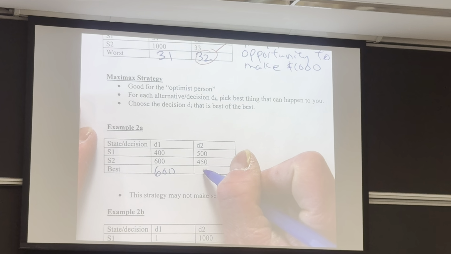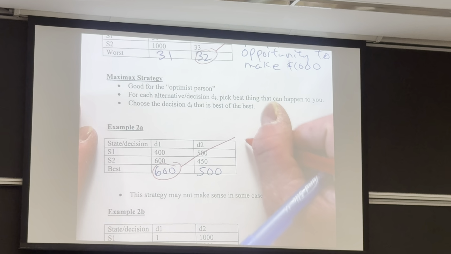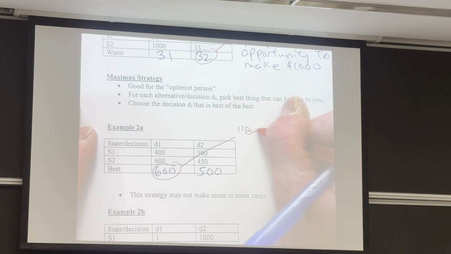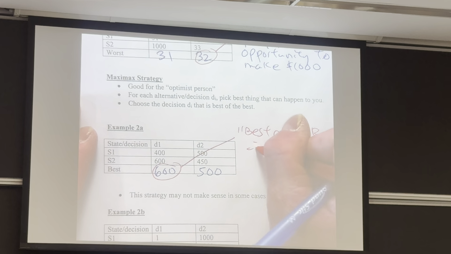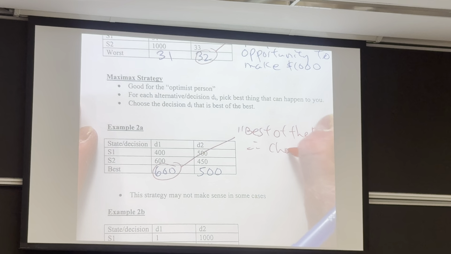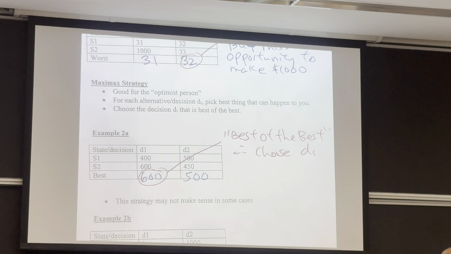Here, the best thing that can happen to us is we get only 500. So between the two, we would choose 600. This is the so-called best of the best. So we choose D1. Okay, so that's the idea here.